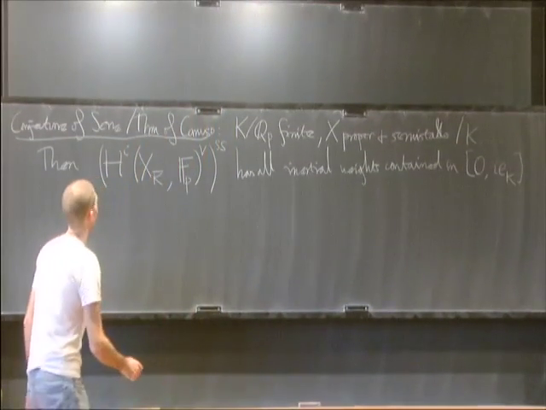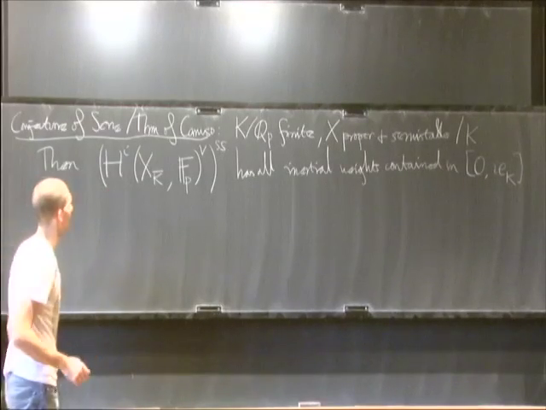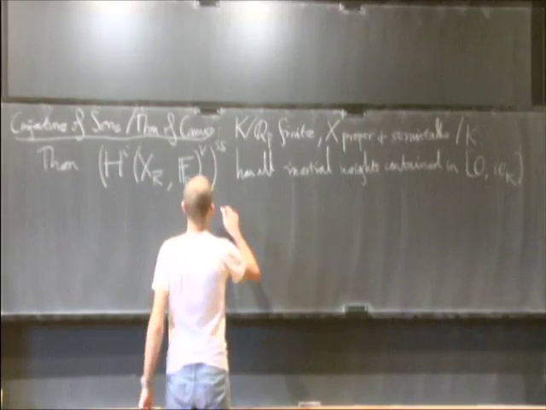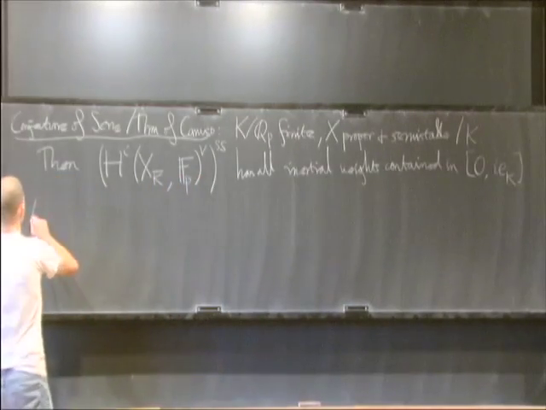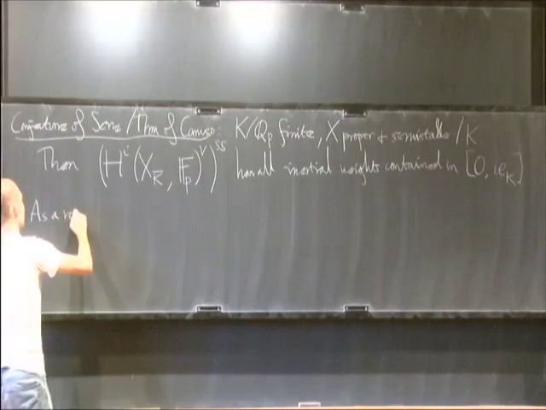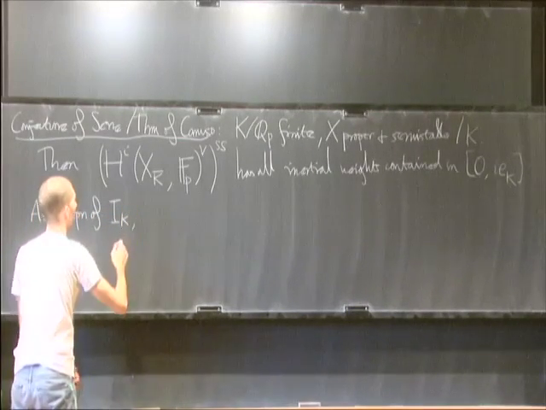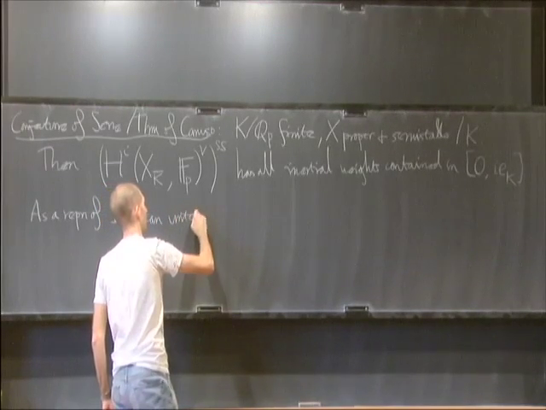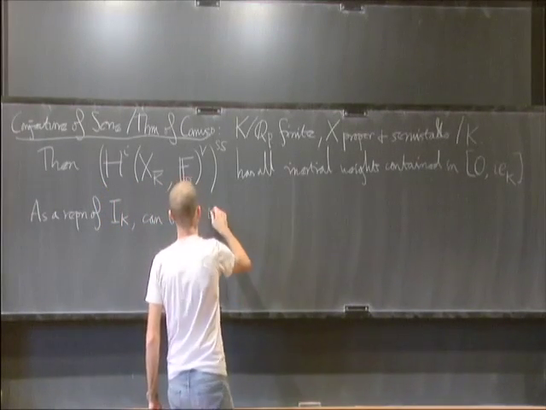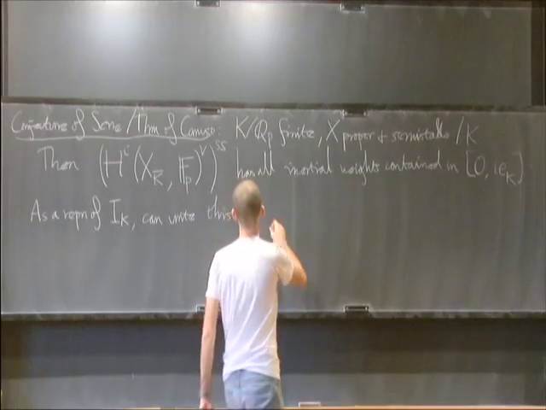Well, this semi-simplification is a representation of inertia. So as a representation of I_K, we can write this as a sum of characters, a sum of powers of fundamental characters.